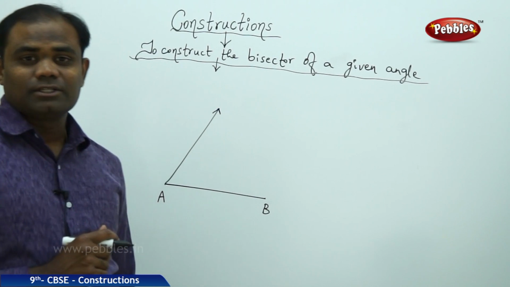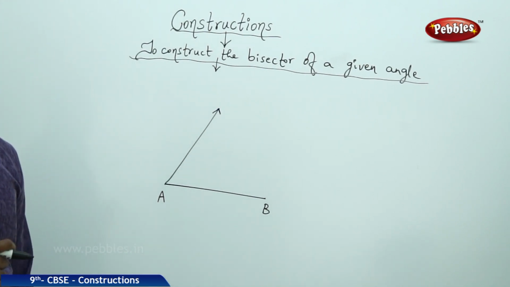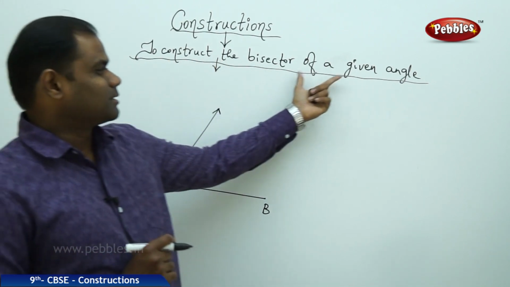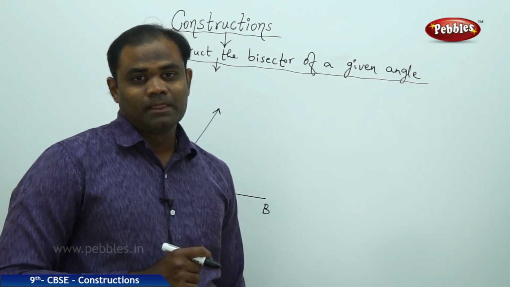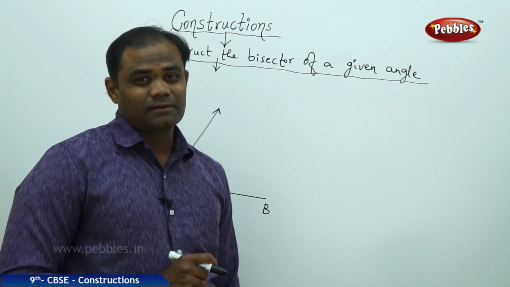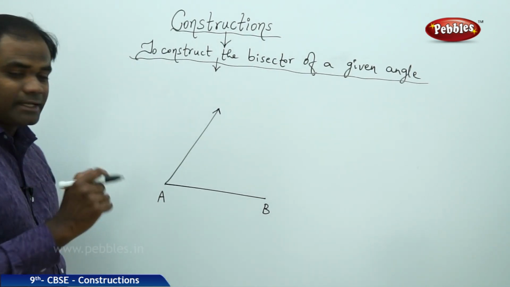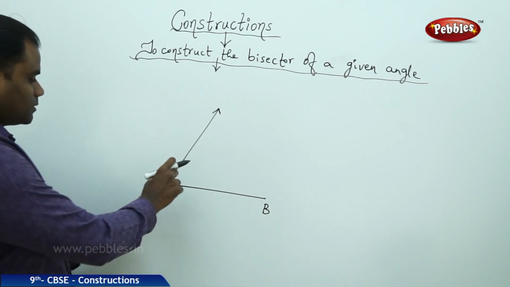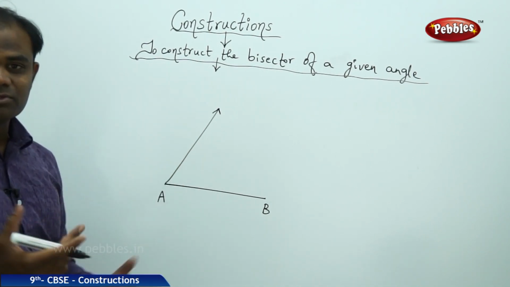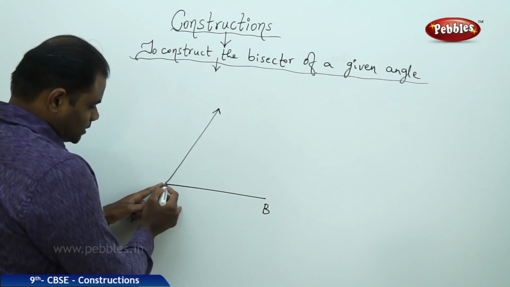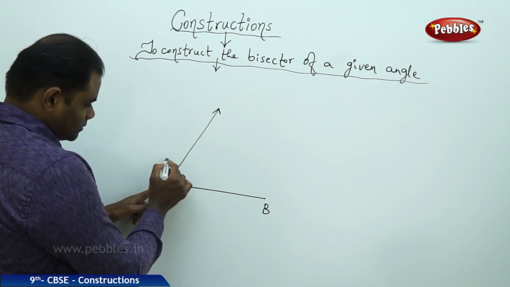How do we do that? Using construction is how we're going to learn the first step of constructing the bisector of a given angle. So in order to do this, we have the different steps to be followed. Firstly, I take a compass pointed at this end and I take some suitable radius. So fix the pointer of the compass out here and just draw an arc.